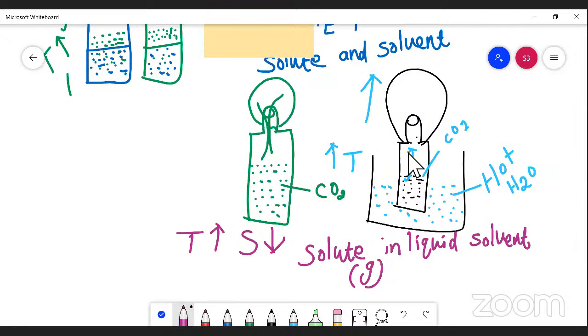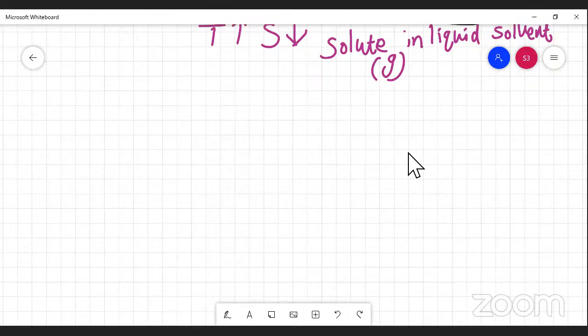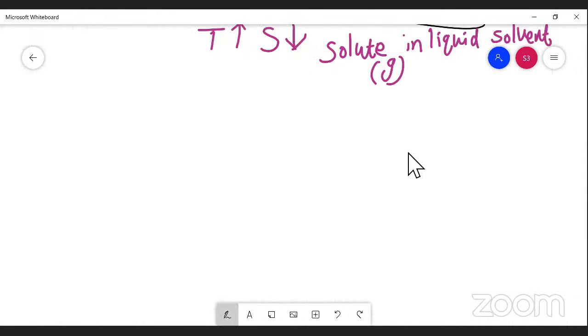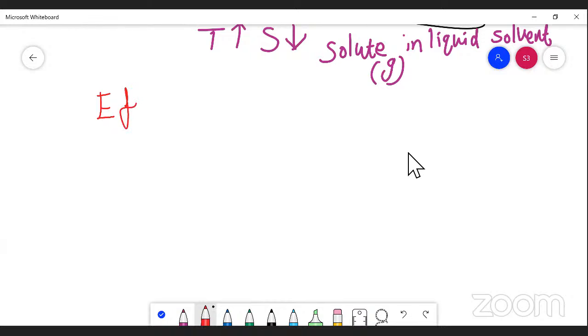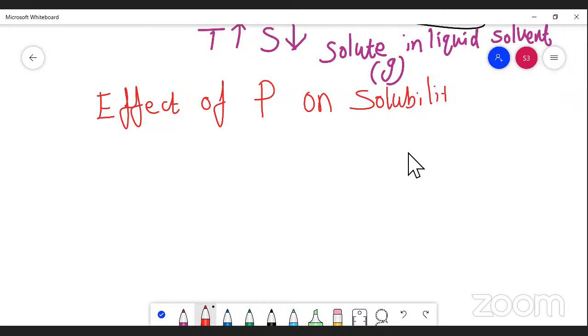Now let us move on to the effect of pressure on solubility. What are we going to do now? The effect of pressure on solubility.